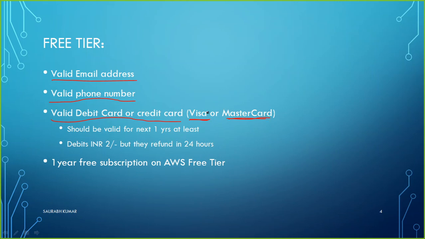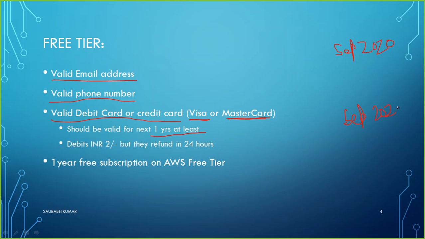Then the card which you are going to use to create or sign up your account on Amazon AWS must have at least 1 year validity remaining. For example, if you are signing up in the year 2020, let's say in September 2020, your card must be valid up to September 2021.